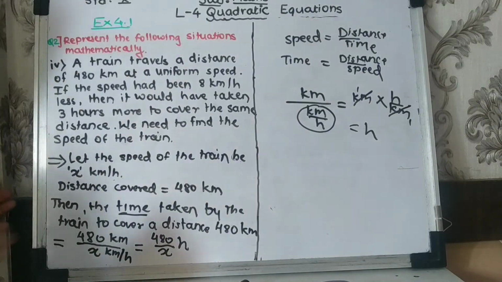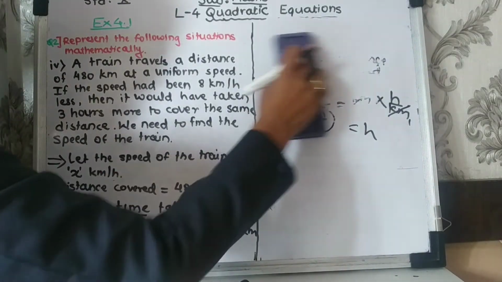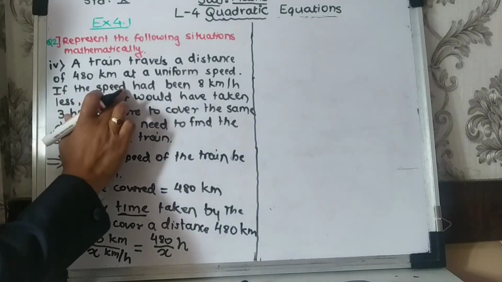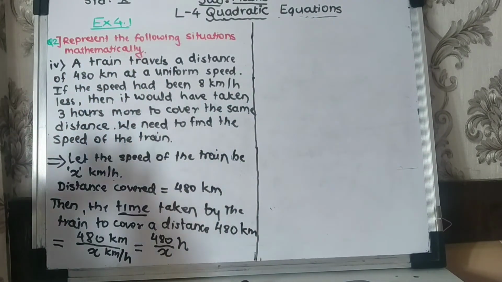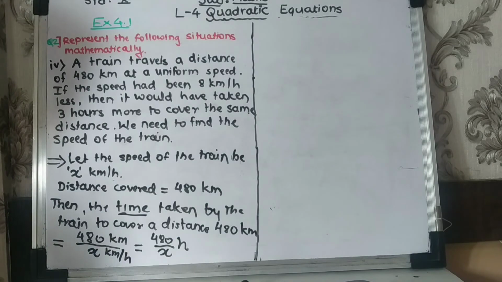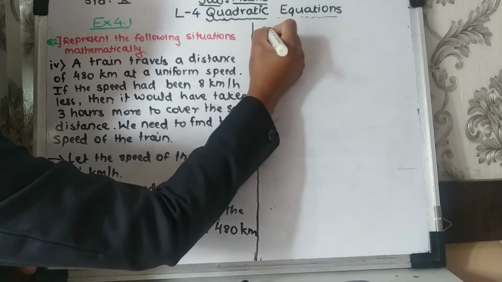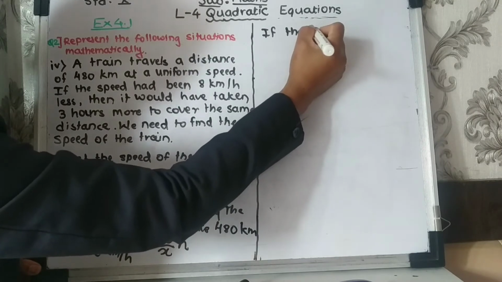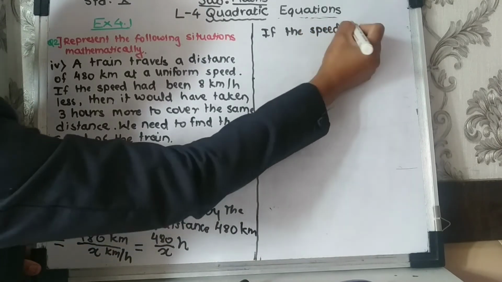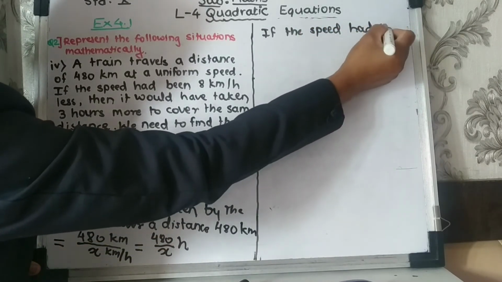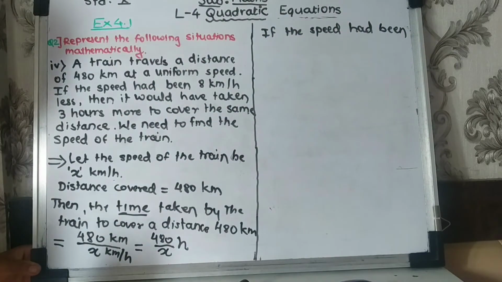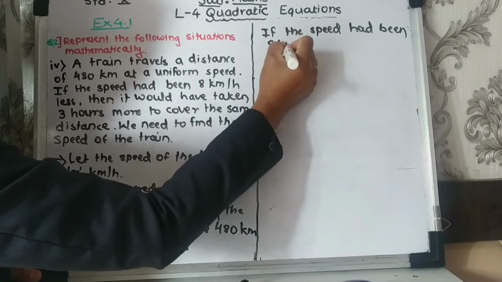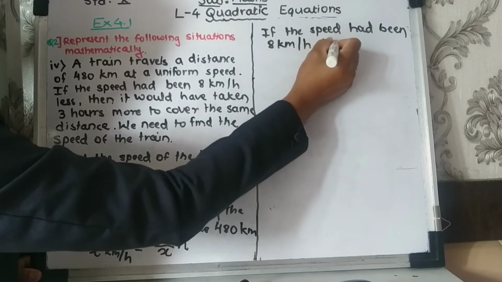Now, further, we will read the sum: if the speed had been 8 km per hour less, right? So we will write: if the speed had been 8 km per hour less.